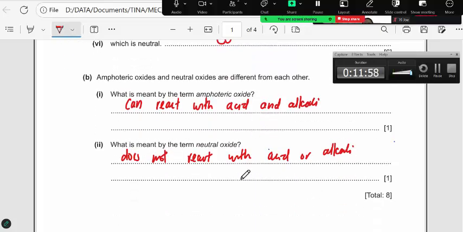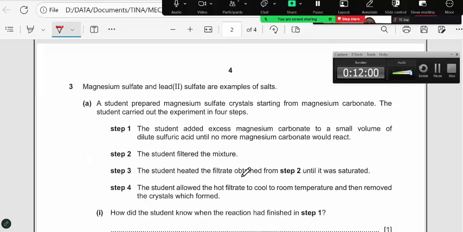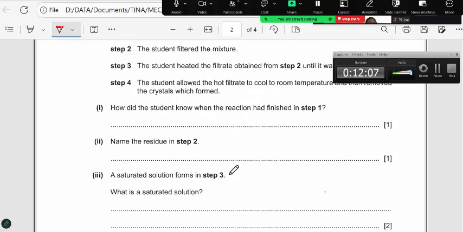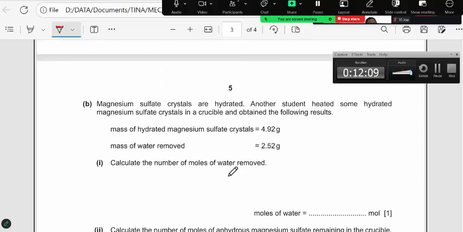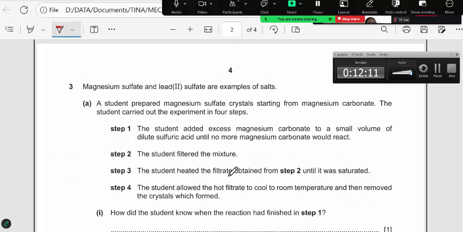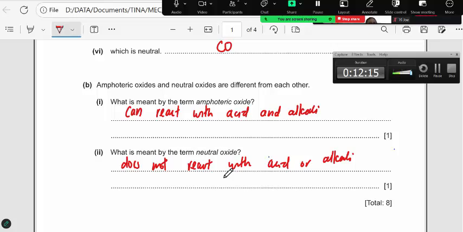Okay, this question is about making salts. This is the whole thing that I taught you last week. Can you remember? Please try and do question 3. Ijo, you okay?